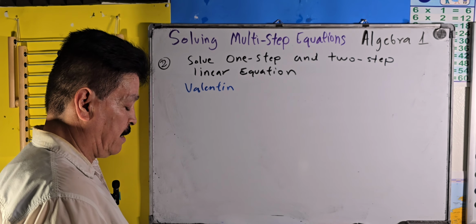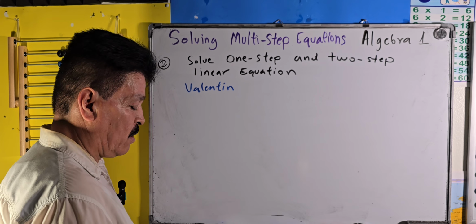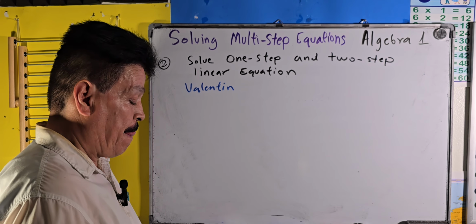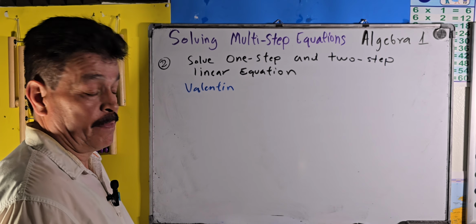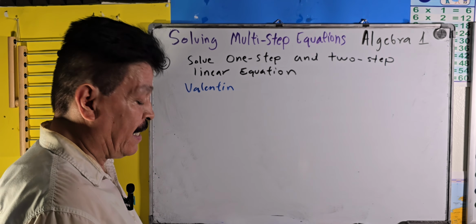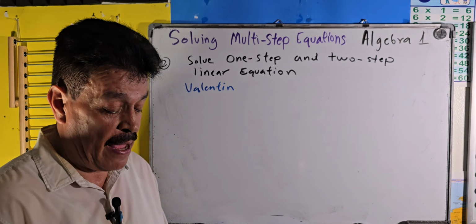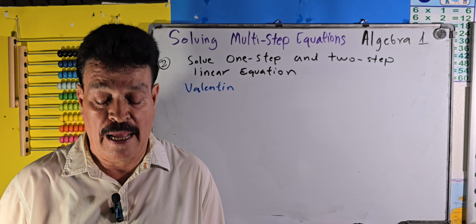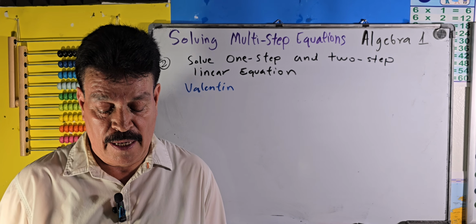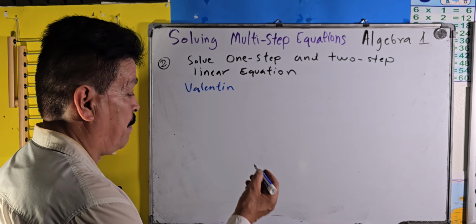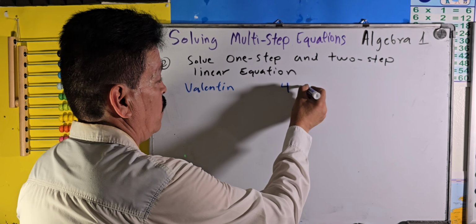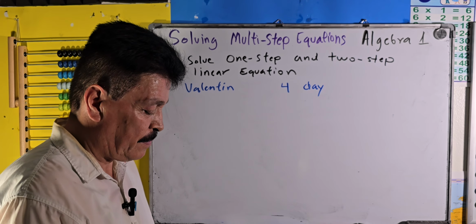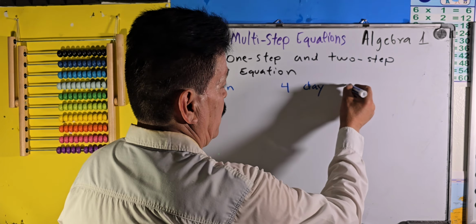Valentine is trying to decide whether to join her school swim team. During the summer, the team practices 4 days per week.